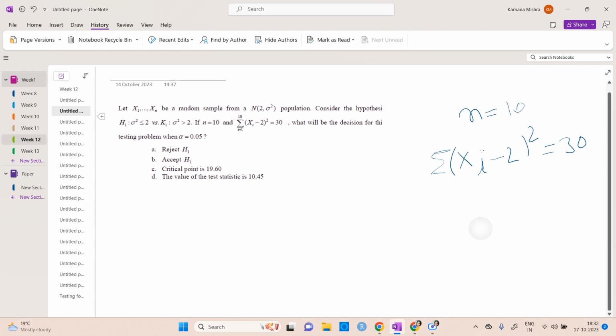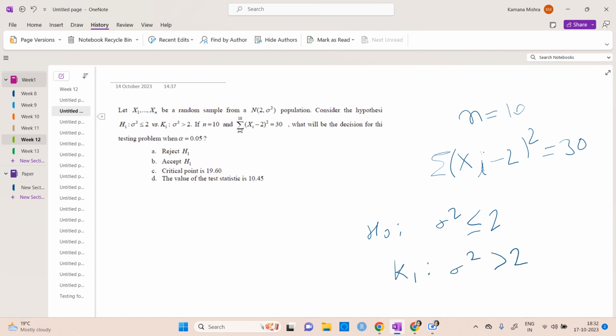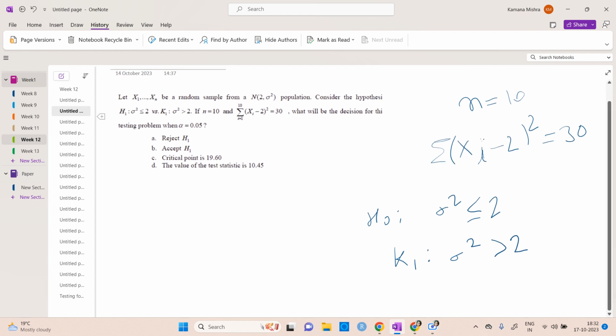And then what would be the decision? Okay, so firstly, h naught given here is that sigma square is less than or equal to 2, and then k1 is sigma square greater than 2, right?